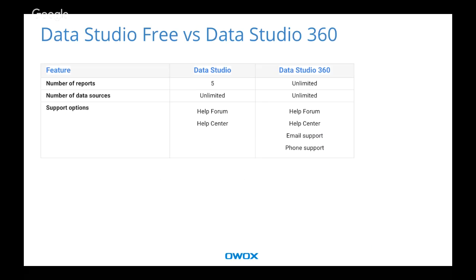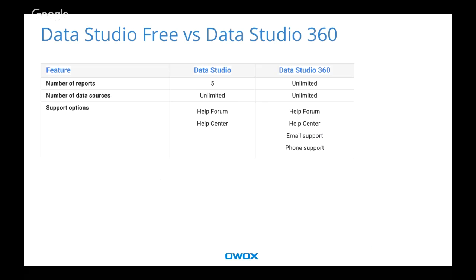And again, as I already said, in terms of the combination of price and enterprise-level features, there is no analog on the market. Currently, the limit of Data Studio Free is that you can create only 5 reports per Google account, but it can be overcome by sharing reports between several Google accounts.